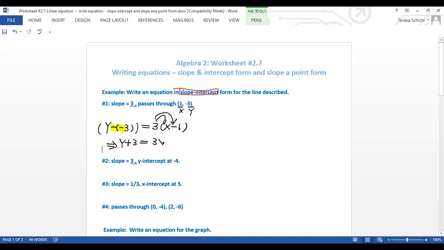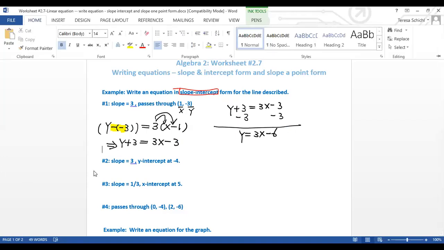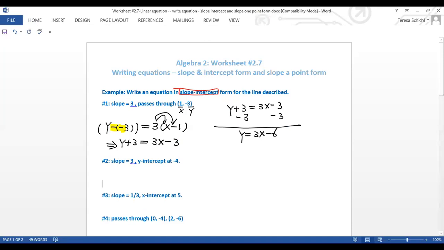Distributive, right? So this is 3x minus 3. Because they want to change it to slope intercept form, I need to move the 3 over. So y plus 3 is equal to 3x minus 3. So you minus 3 on both sides. What is the final answer? It's 3x minus 6. Okay, right? So just remember to write down the formula I wrote there for you.